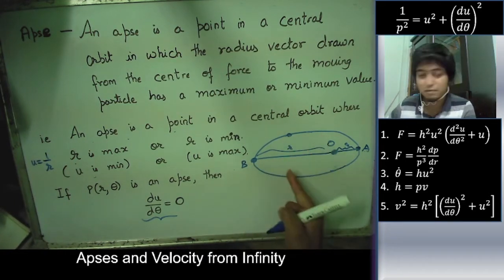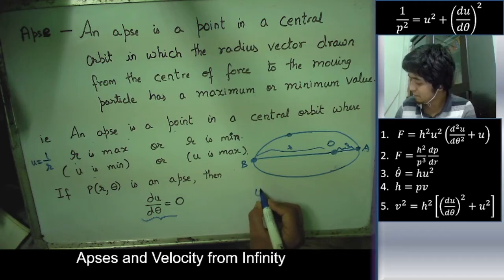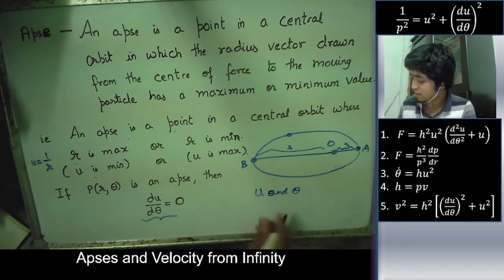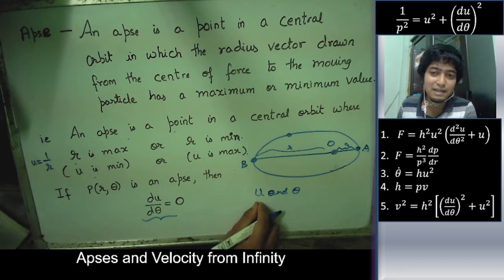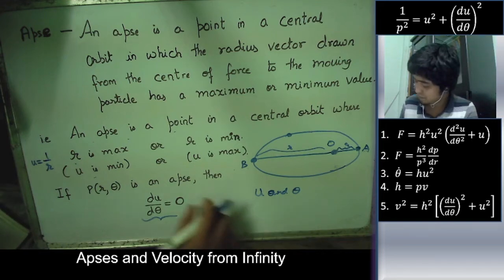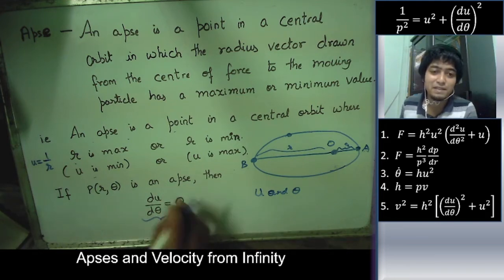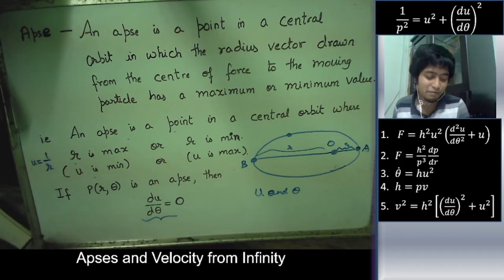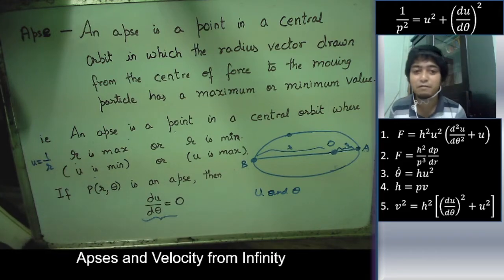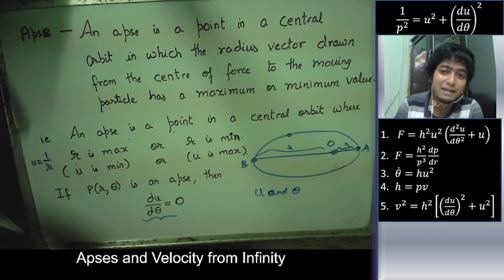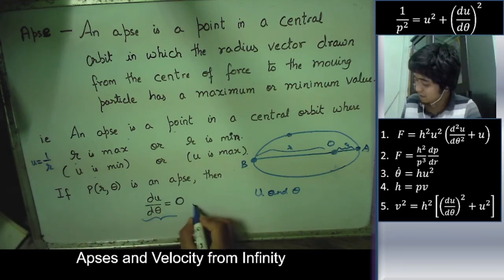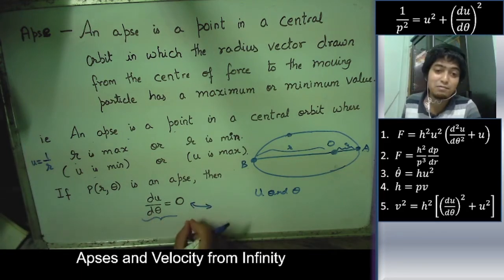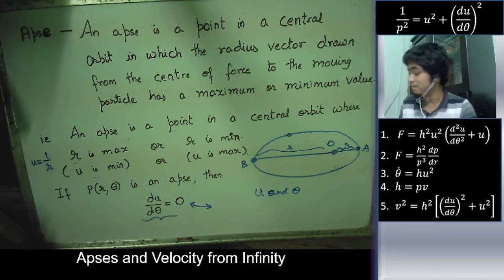Because if you remember, the orbit can be written in terms of u and theta, so we can think that u depends on theta. So if du d theta is 0, then that point will be a point of maximum or a point of minimum. So if you have to find an apse, this is the main condition that we will be using, du d theta equal to 0.